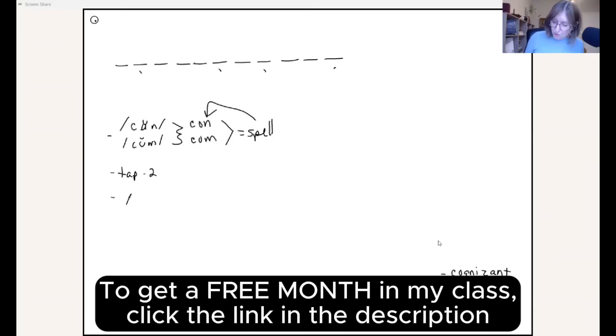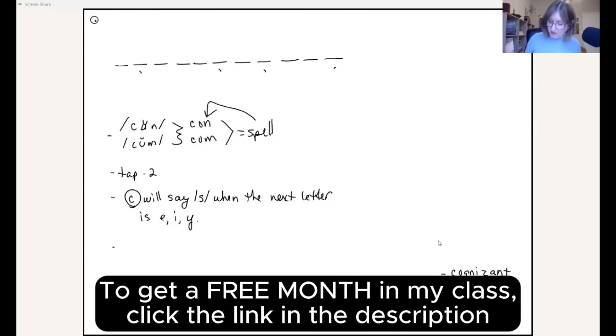C will make the S sound. C will say S when the next letter is E, I, or Y. So when you're spelling and you hear an S and the next letter is an E, I, or Y, it will likely be spelled with a C. It will in this word.